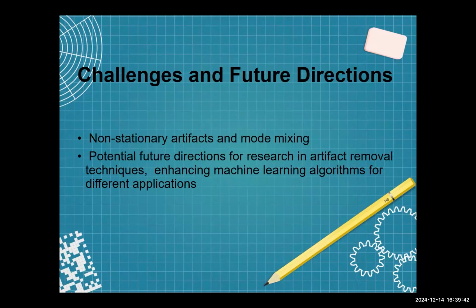So, challenges and future directions. Usually it is non-stationary artifacts and mode mixing. There is future research in artifact removal techniques and enhancing machine learning algorithms for different applications. Of course, anywhere we have some future development.